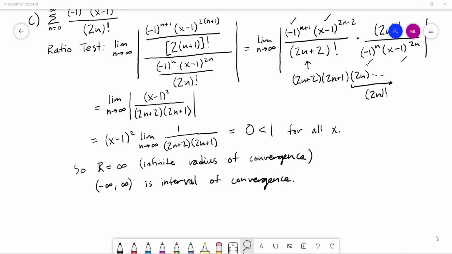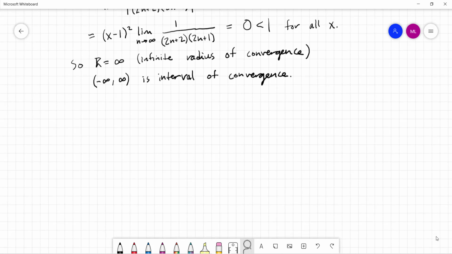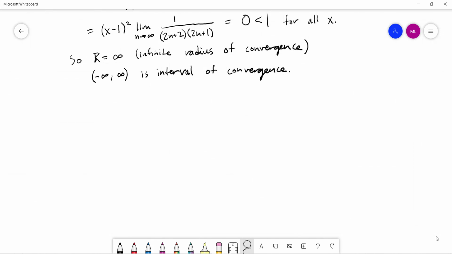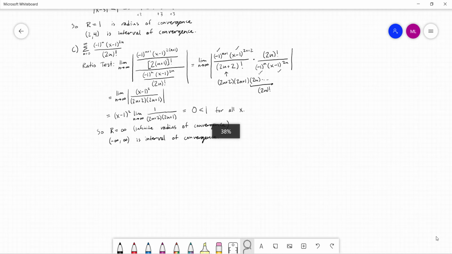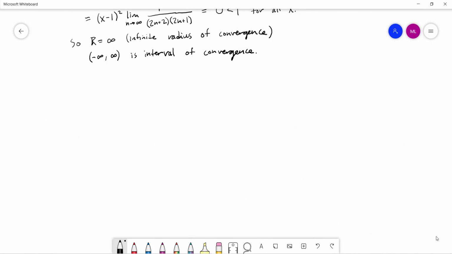So I want to do 2 more examples. And the first example I want to look at is similar to what we've just been doing. So, first example, there we go.